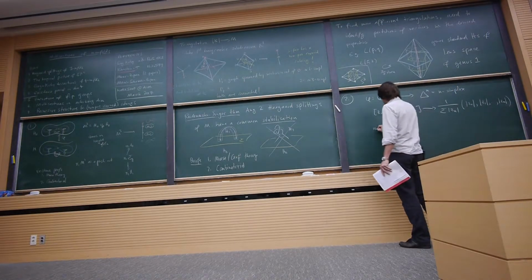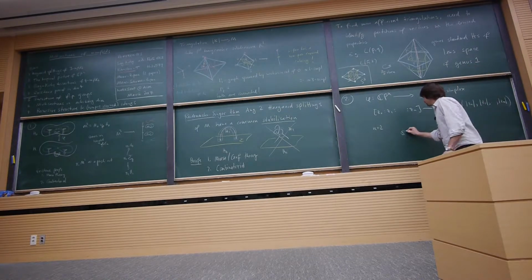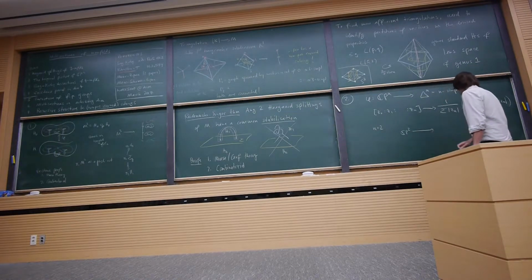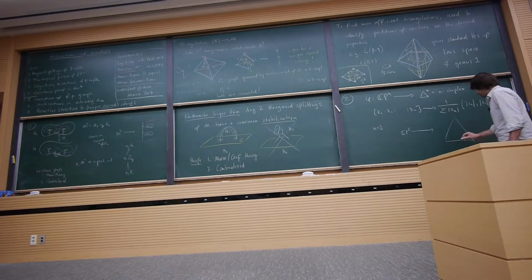So for instance, if n is equal to 2, so CP^2 is mapped to a simplex here. And then we should ask, who has thought about this map before? No one? Okay. So excellent. So what's the preimage of this point here?